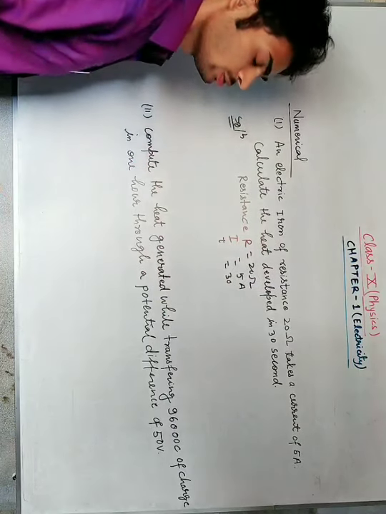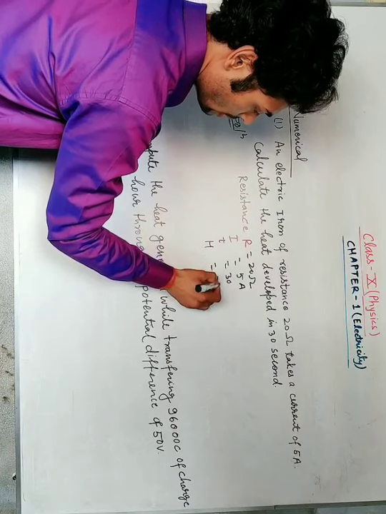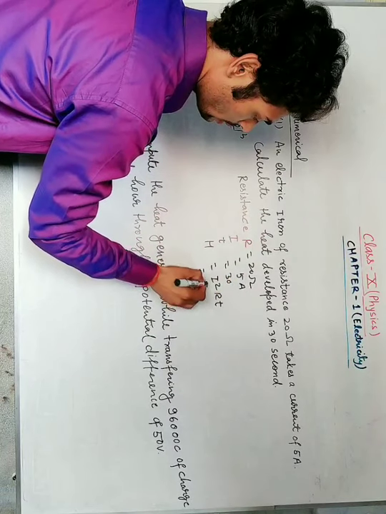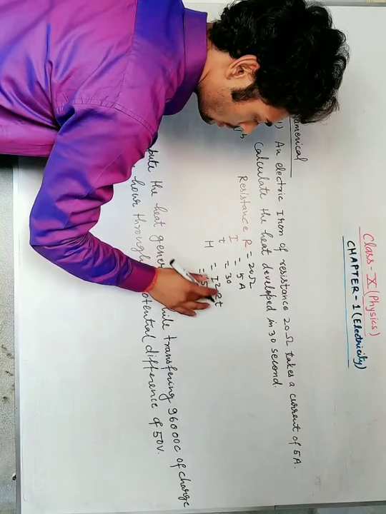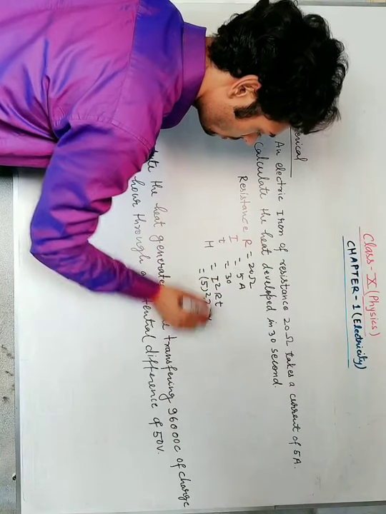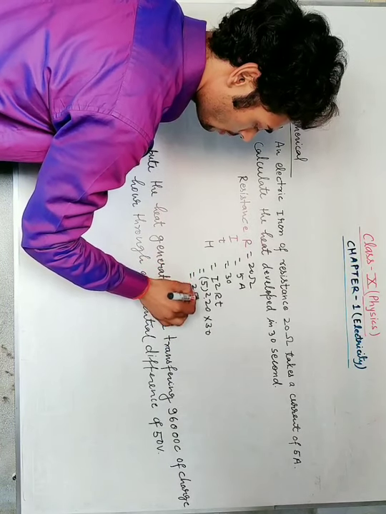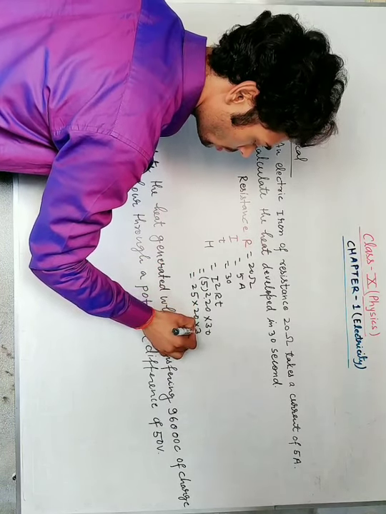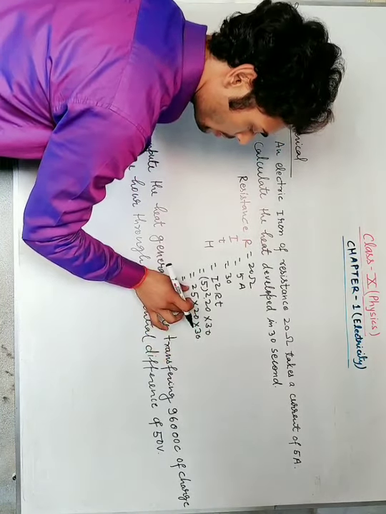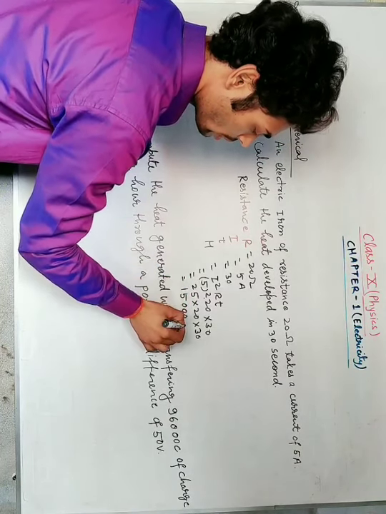So formula of heating effect equals I square RT. Put the value of I given as 5 ampere, 5 square into R, value of R equals 20, into value of T equals 30. It becomes 25 into 20 into 30. It becomes 600 into 25, 15,000 joule.